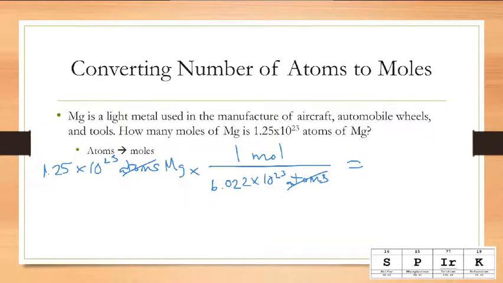And then when we solve that out, we get 0.208 mole, or moles, of Mg. So basically, we just figured out that 0.208 moles of magnesium is the same as 1.25 times 10 to the 23rd atoms of magnesium.